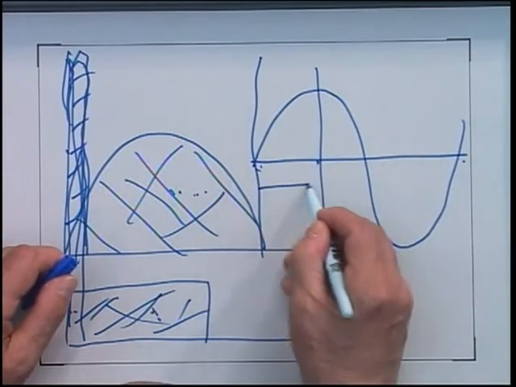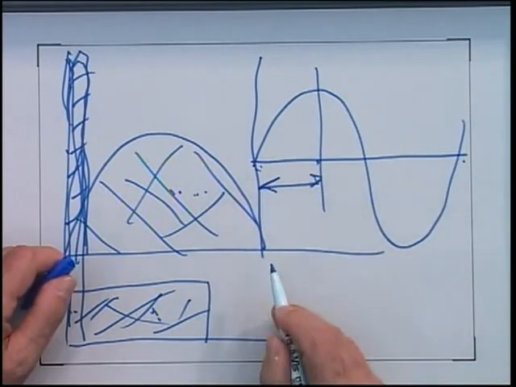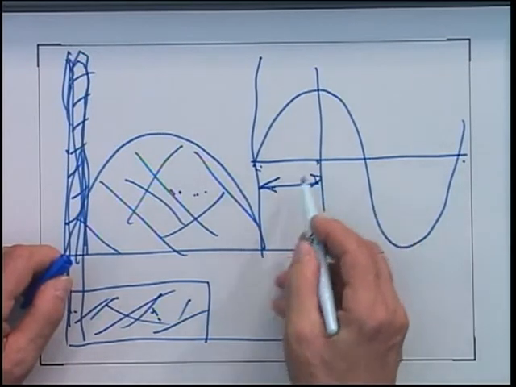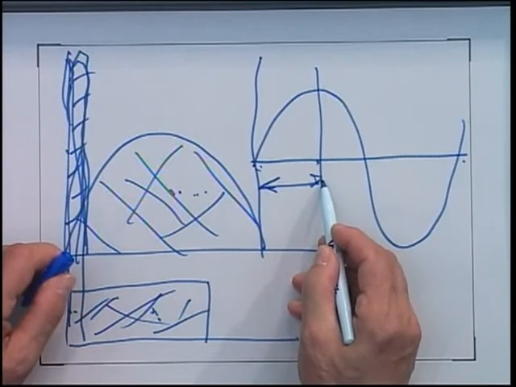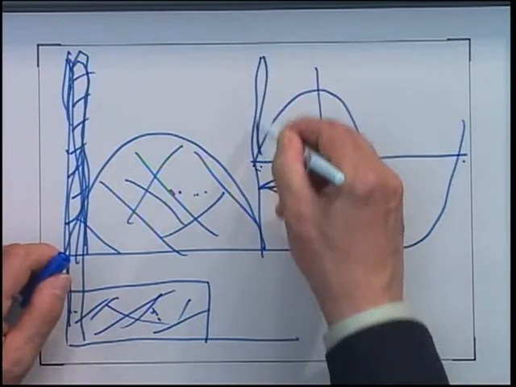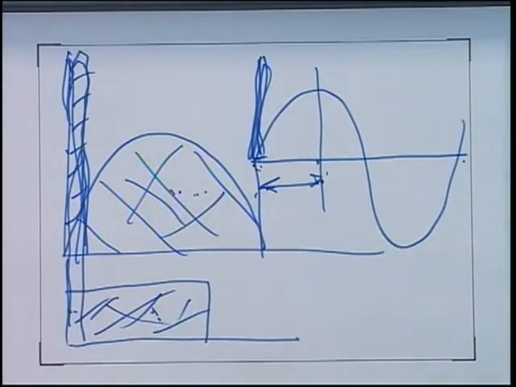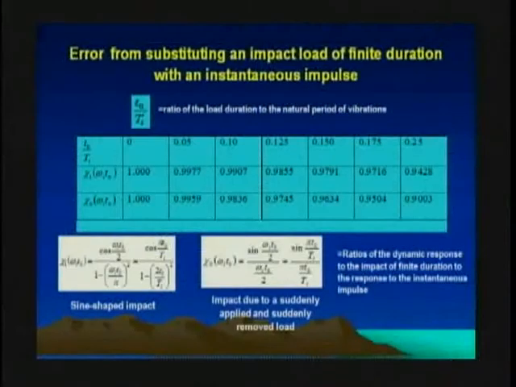So if the duration of loading is like this, you see it's quite appreciable duration compared to an instantaneous impulse when it doesn't have any time. So 0.25. Even in this case, the error is not significant. It is a little bit higher in the case of a suddenly applied and suddenly removed load: 0.9, compared to 1.